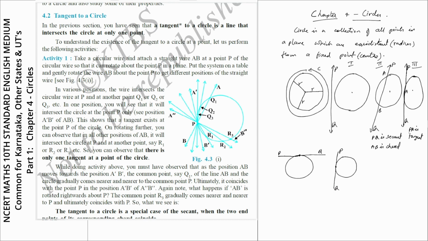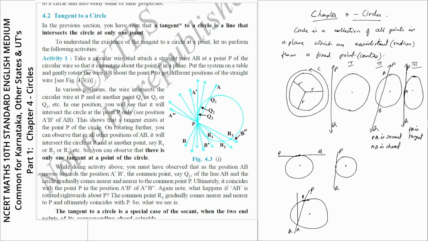Now what is a secant in a circle? See, I'll draw a secant PQ and let it intersect the circle at A and B. Now I'll keep point A there itself, and I'll shift the line towards the left, and I'll draw another line.